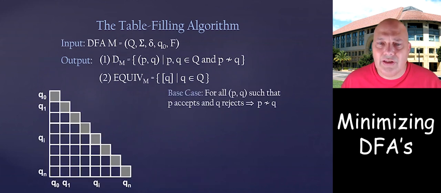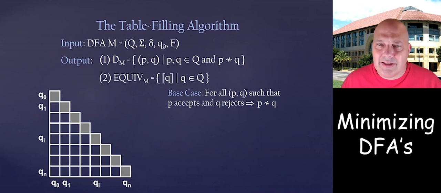So we have a table that looks at the pairs Q0 to Qn. We don't need the entire table because we have symmetry. We know that if Qi is indistinguishable from Qj, then Qj is indistinguishable from Qi. So we only need half of this table.